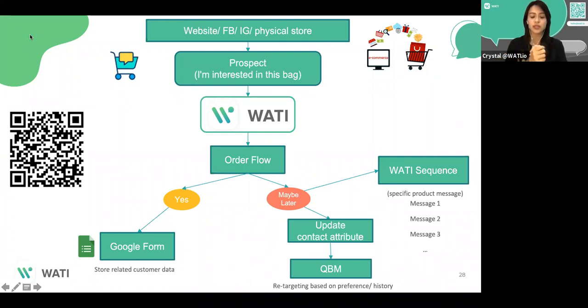With the sequence, you will receive some messages later on to send out the promotional code, for example. And with the Google form, you will see the order flow, same as what I did just now. You'll be asked to leave your name, whether you are an existing client, and what color you would like to choose. Then you will be able to see the button and list message in the flow as well.